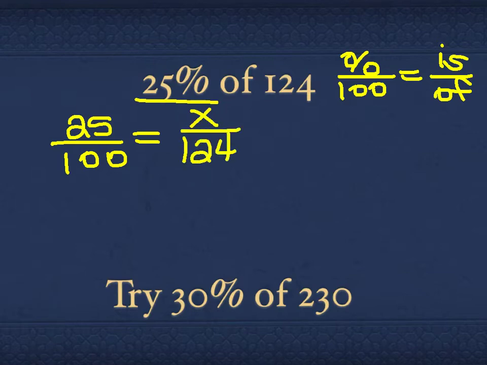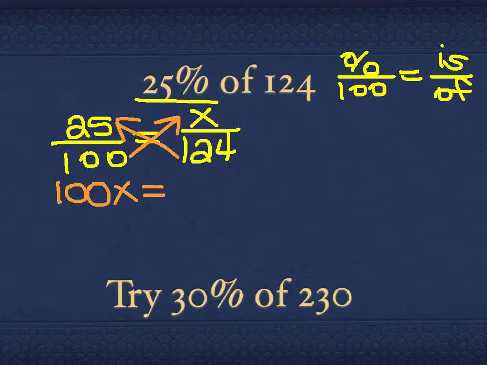I use what I learned in proportions to do my cross products. So I know that 100 times x is 100x, and 124 times 25, let's find that out.